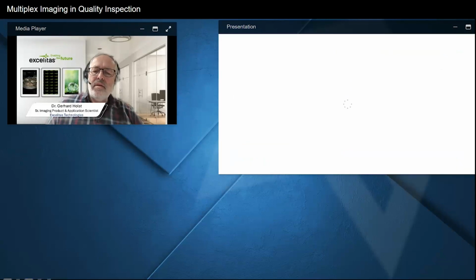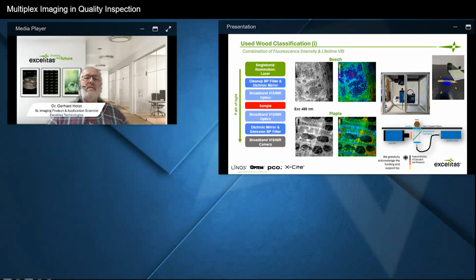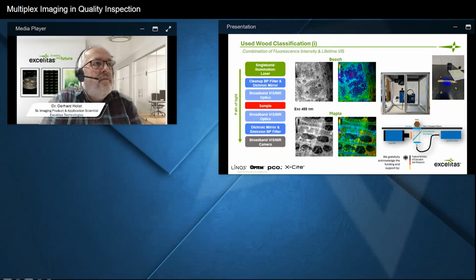Another possibility and different modality is, for example, used wood classification. In former years, you would have to pay for getting rid of used wood in Germany. Nowadays, you get maybe money for it because it's considered as a source.